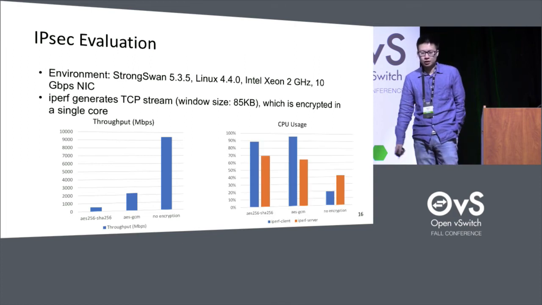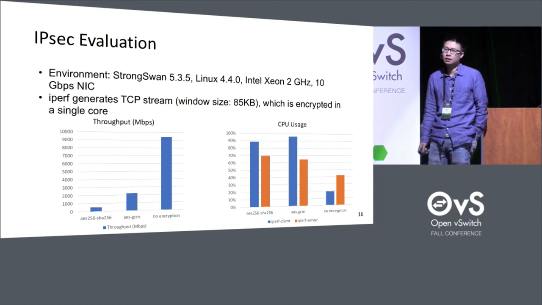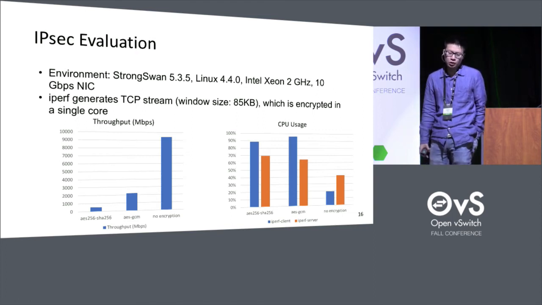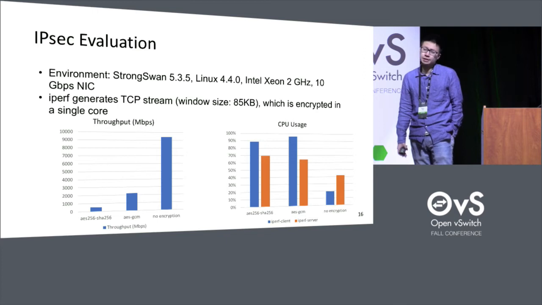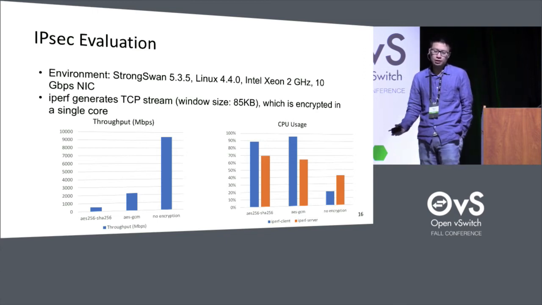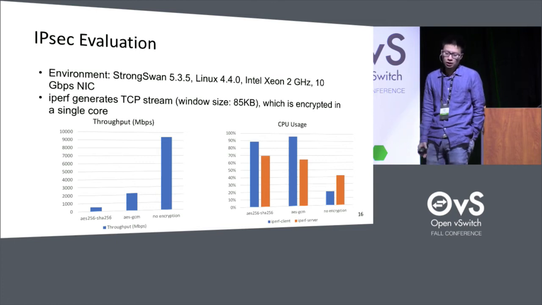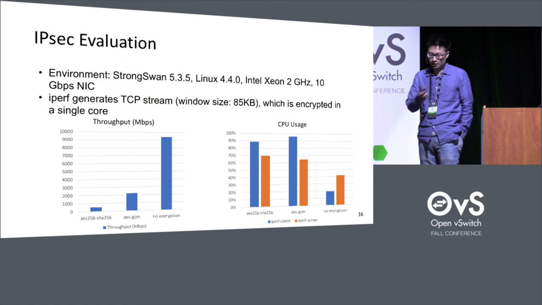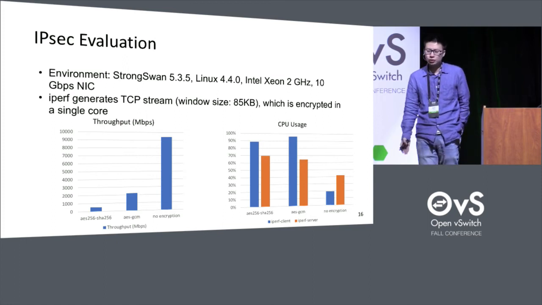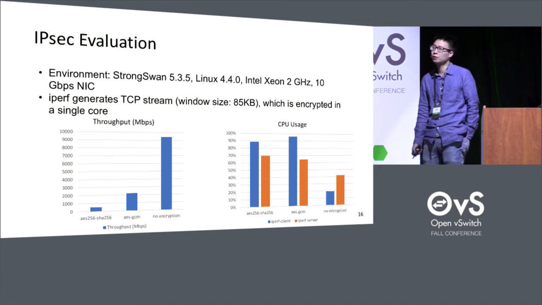So the computation is mostly CPU bound. For both encryption algorithms, the CPU usage of the client is around 90%, and without encryption, the client is only at 20% and the server only at 40%.